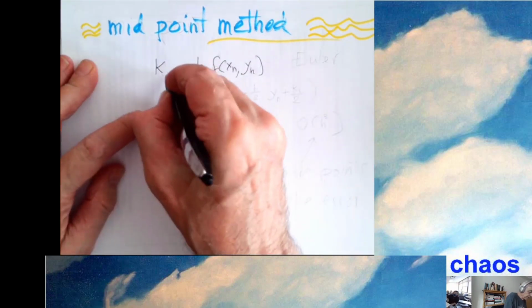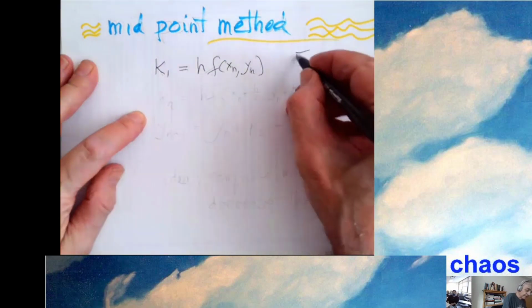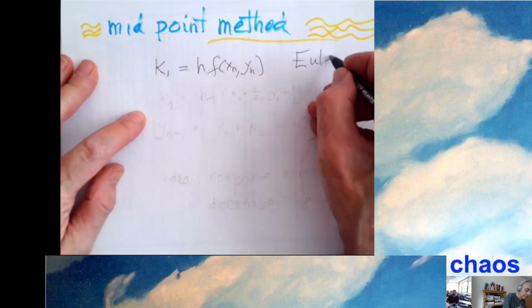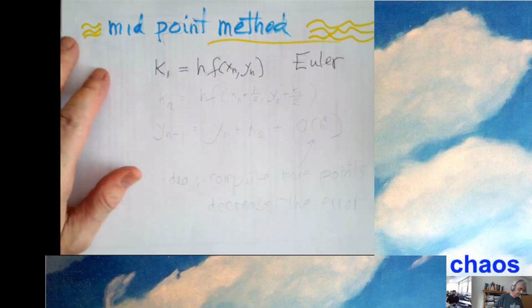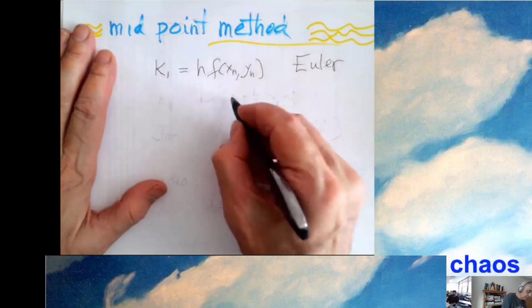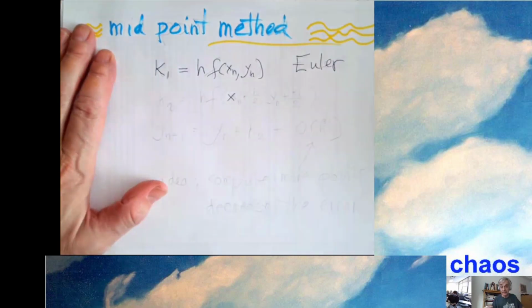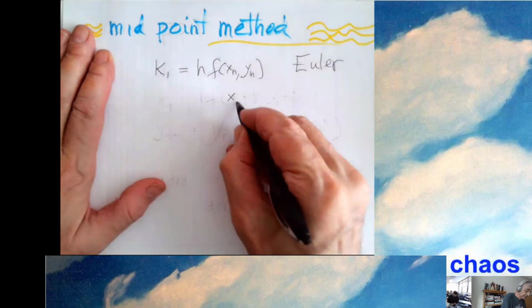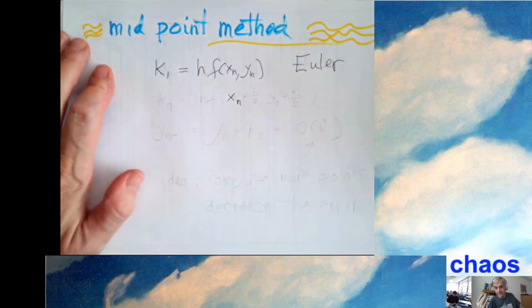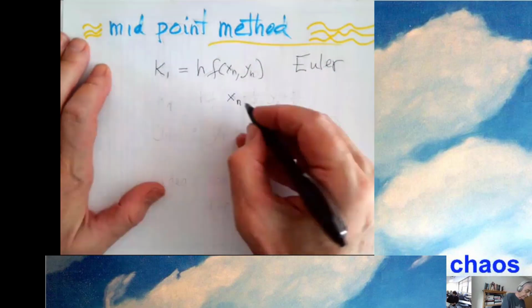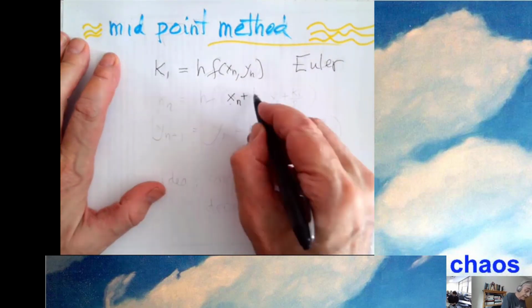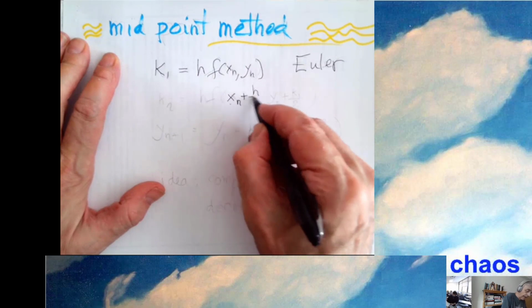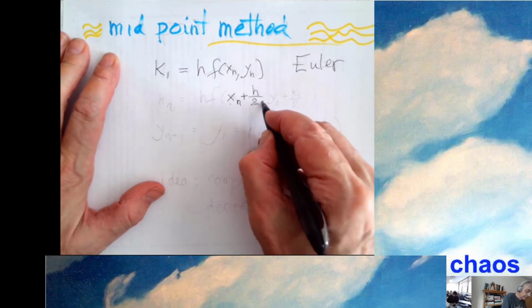Call this number K1, and it was given to you by Euler. Then you say, but it doesn't cost me so much to step half an interval. So this is just a little bit more work, roughly speaking doubling the work, but the reward will be great. So now this X is time and H is time. So I just go half of my usual interval.